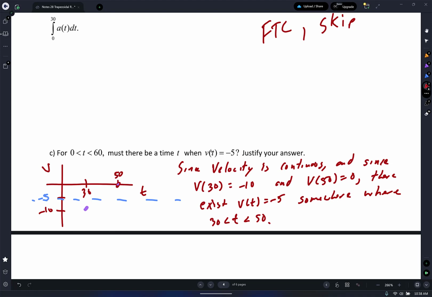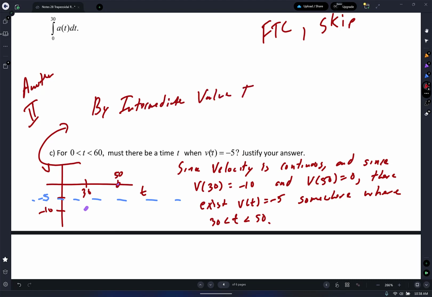Does that make sense? You could have also said by intermediate value theorem. So here's another way, number 2. You could have said, by the intermediate value theorem, making sure you state that velocity is continuous. You still have to say that.